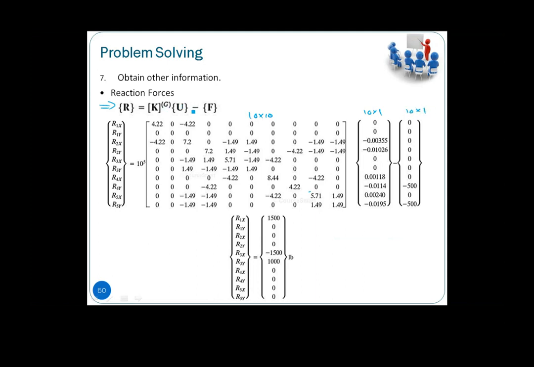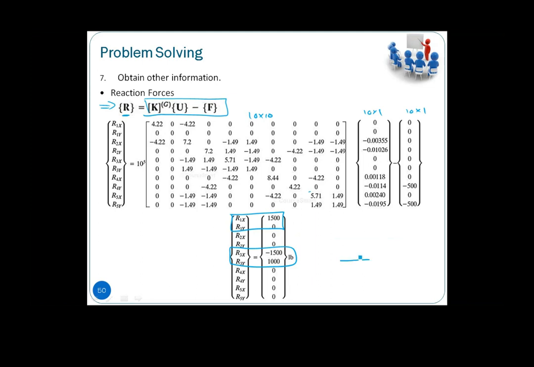KU minus F will be our reaction force. If we undergo this computation, we will find that the reaction force only happens at the support, which is node 1 and node 3 in this case.